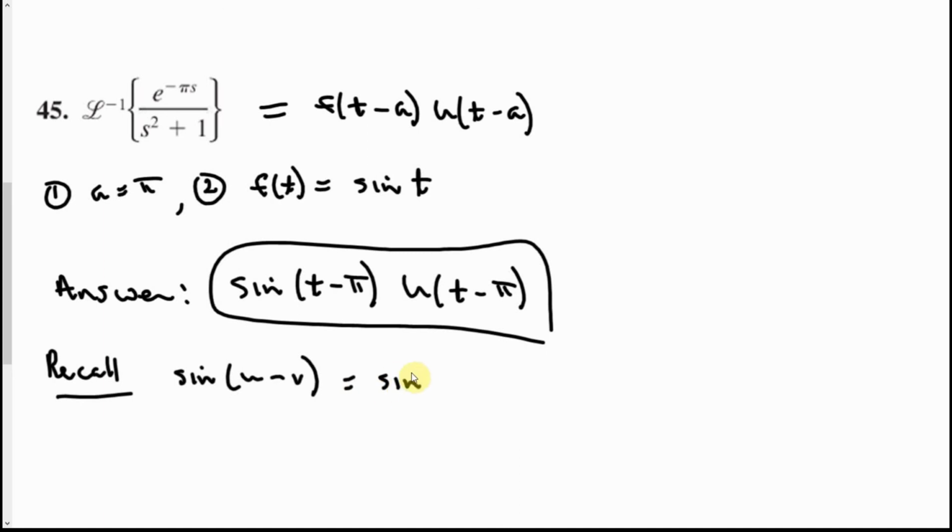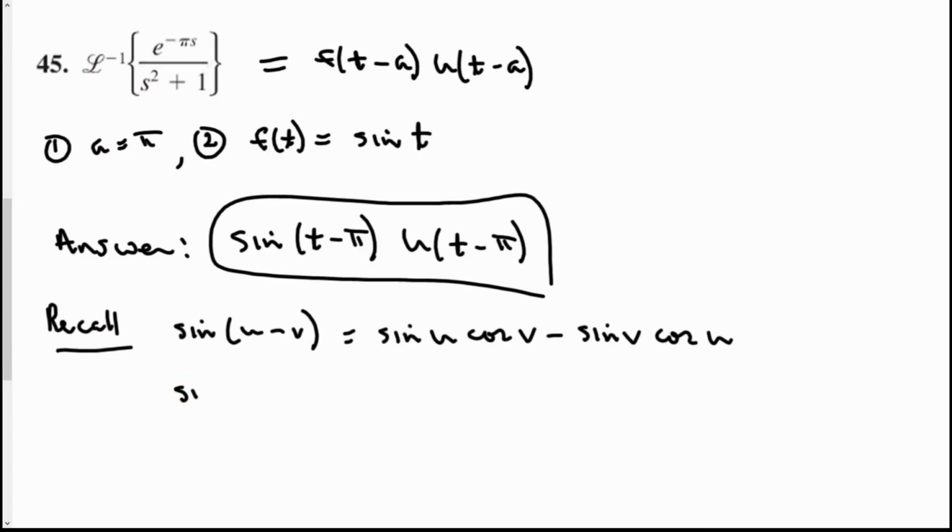So this is sine of u cosine v minus sine of v cosine of u. So let's see if we can put that into perspective. So sine of t minus pi is sine of t cosine of pi minus sine of pi cosine of t.